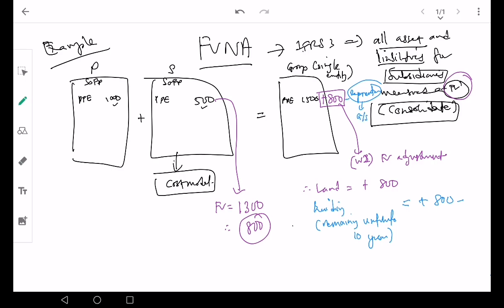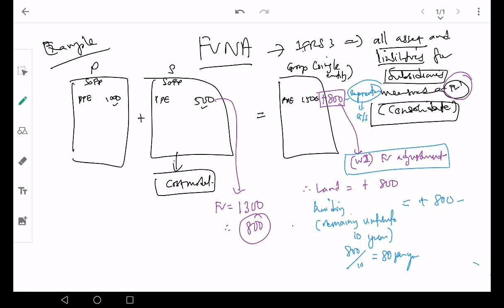So how to get the depreciation? Under working 2, fair value adjustment, 800 divided by 10 years is 80 per year.